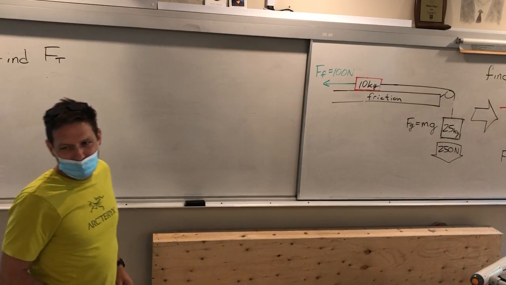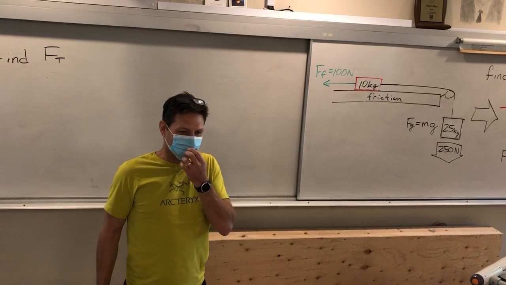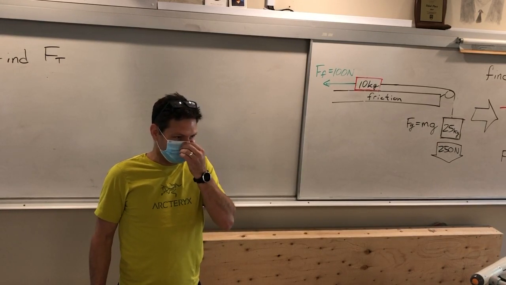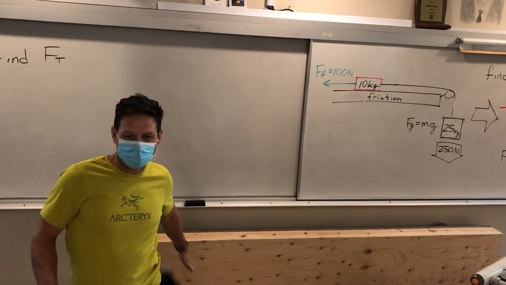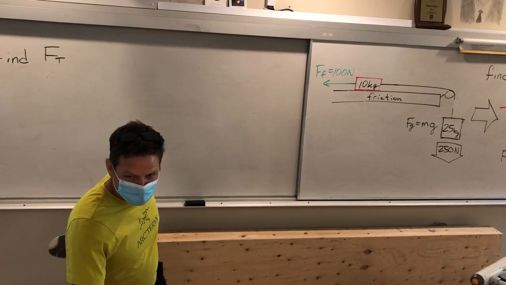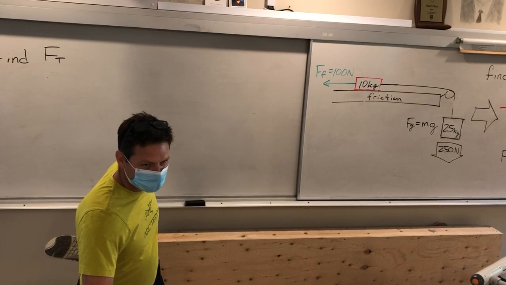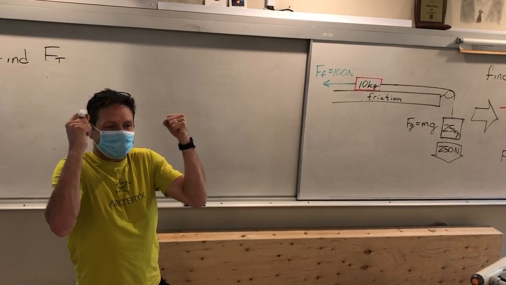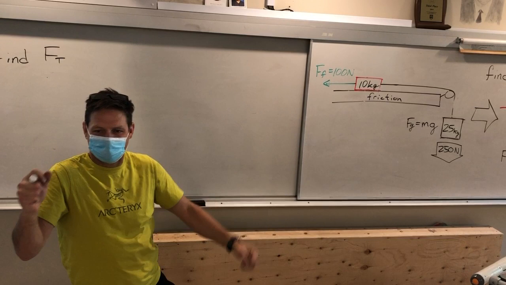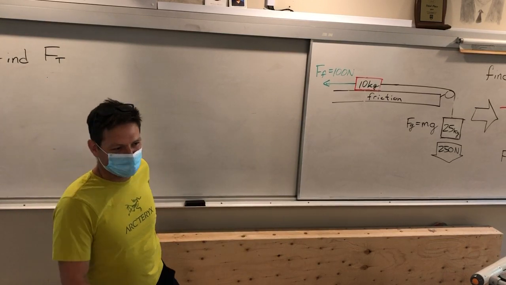I see a lot of blank looks out there. You know how to find the acceleration. How do we find the tension force? Okay. Adam's trying, I'm going for the win. How did we do that?